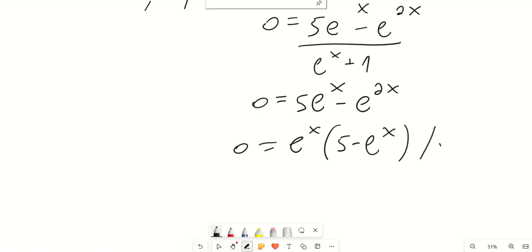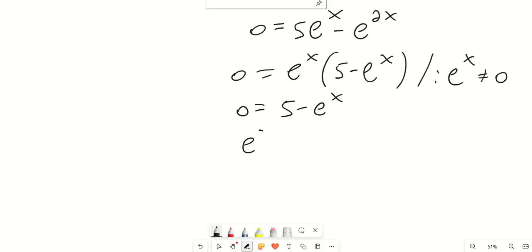I can divide the equation by e to the power of x, because e to the power of x has a positive value, and it cannot be 0, because an exponential term cannot be 0. So I can just divide by it, and I am left with 0 equals 5 minus e to the power of x.